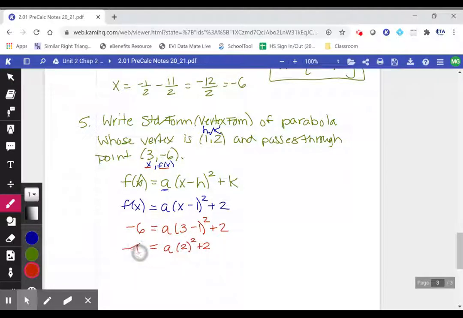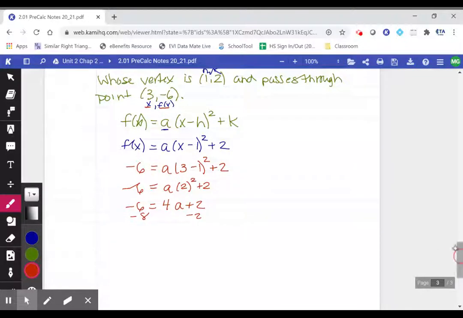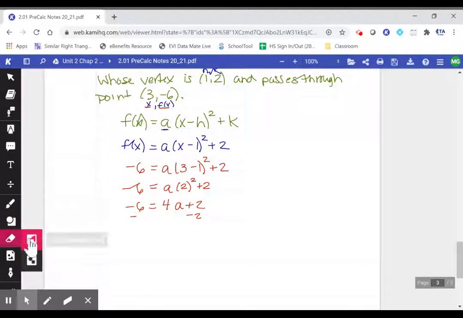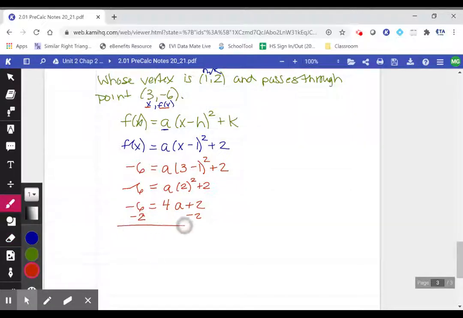And I'm going to follow my order of operations. So I have exponents, so that's going to give me a 4a. Subtract my 2. Thinking ahead here. And I get negative 8 equals 4a. Divide by 4. And a equals negative 2.